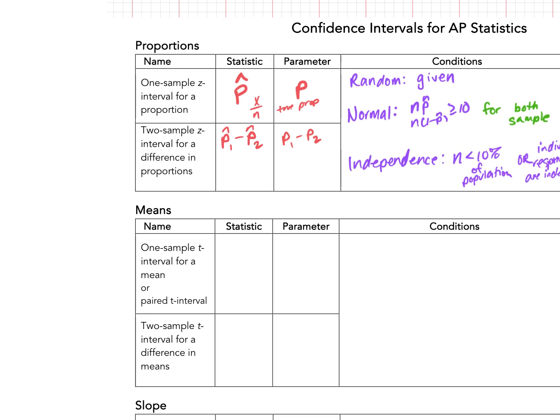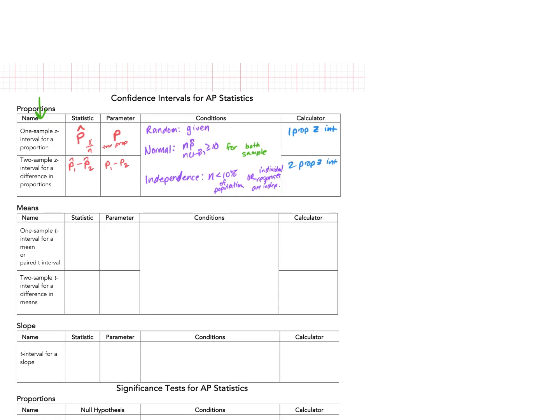For the choose, you have to use the official name. Don't use the calculator name. I should never see this part written on your paper. I should see these ones written on your paper. Use the official name, not the calculator name. Okay? But your calculator can't fit that on the screen.